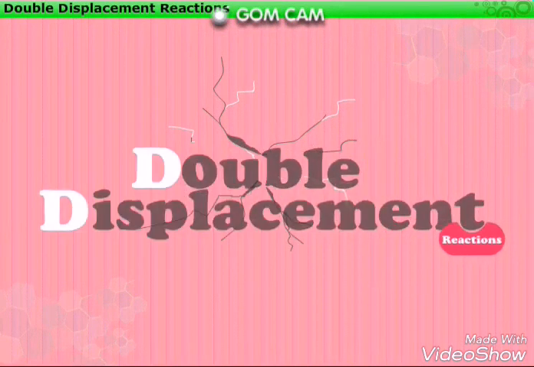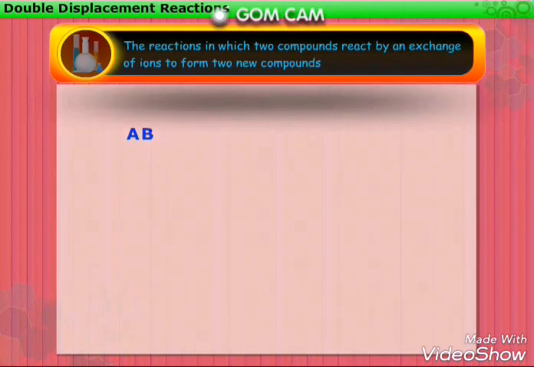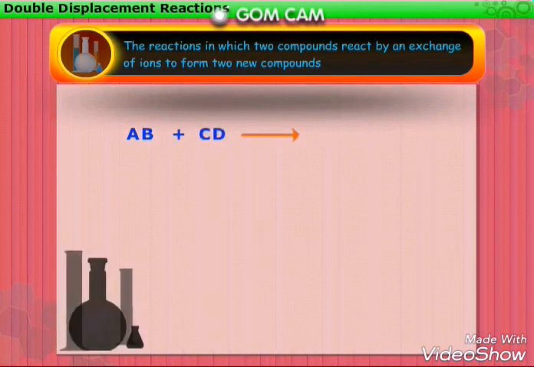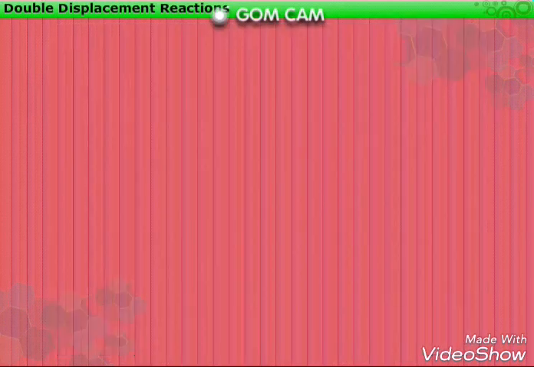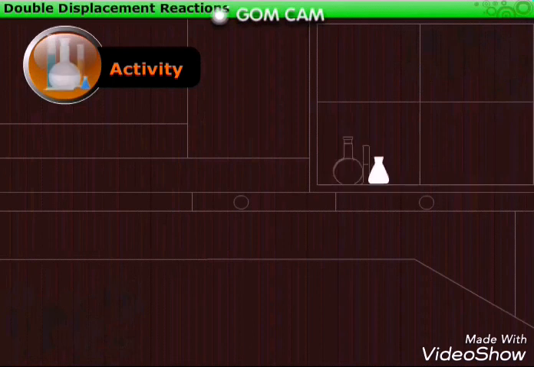Double displacement reactions. Double displacement reactions are defined as the reactions in which two compounds react by an exchange of ions to form two new compounds. Let us perform an activity to understand the concept of double displacement reaction.